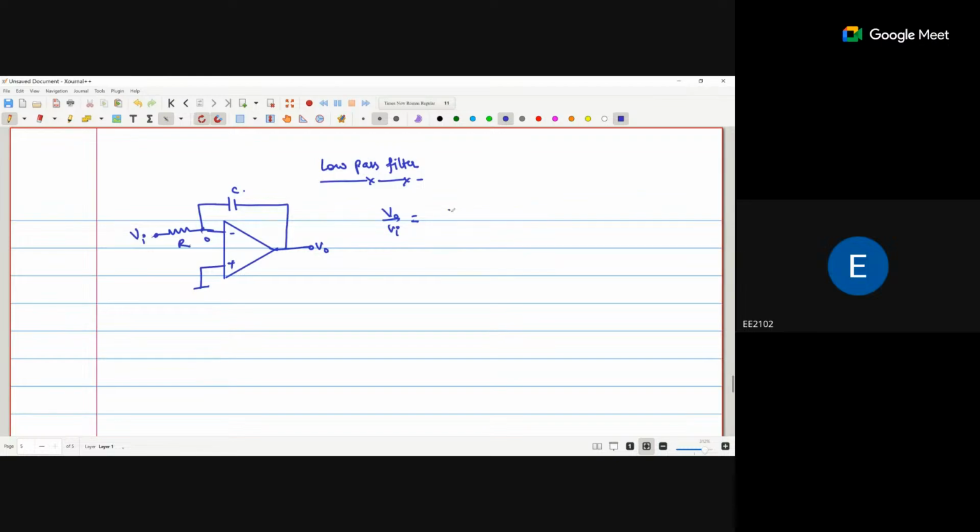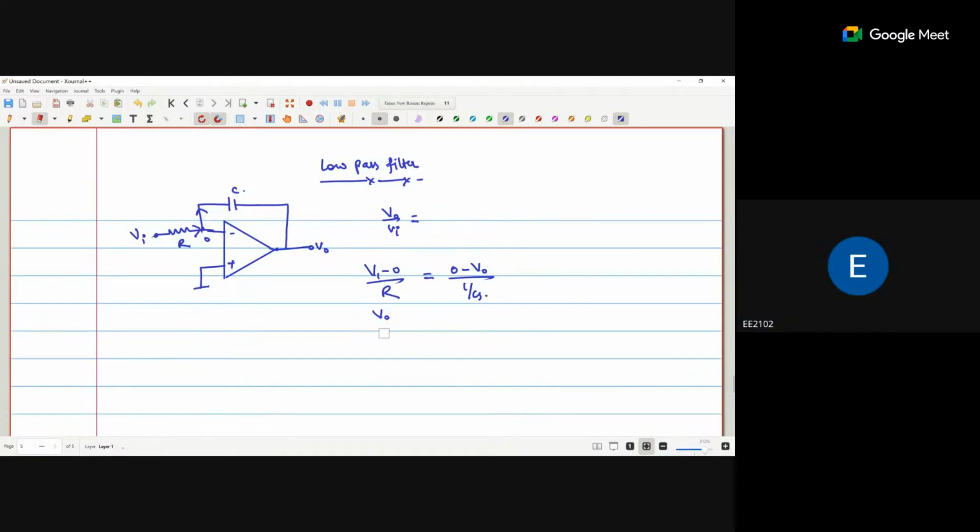So Vi minus 0 by R, the current that is going in this direction will be passing through this one, equal to 0 minus V naught by 1 by Cs. So V naught upon Vi, I can calculate V naught.